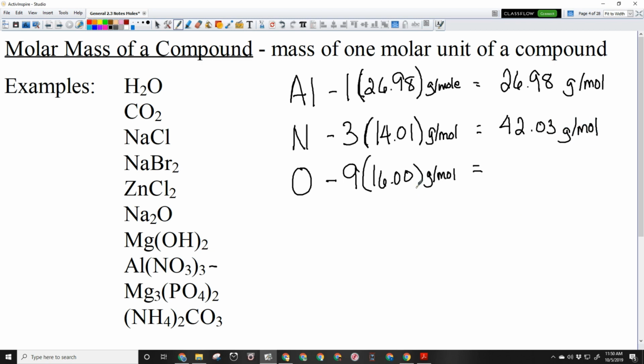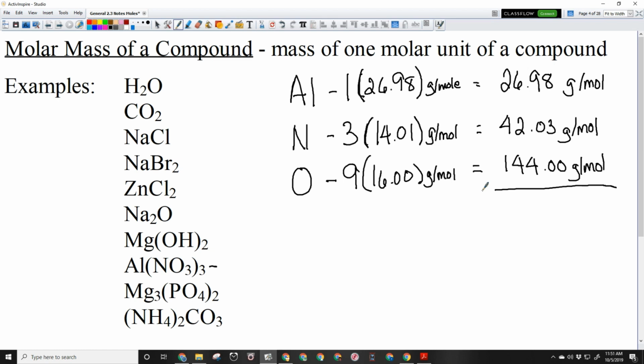And then 9 times 16, 144.00 grams per mole. Now remember, on all these molar masses, we're taking these out to 2 places after the decimal. Even though my calculator said 144, I took it 2 places after the decimal on all molar masses.